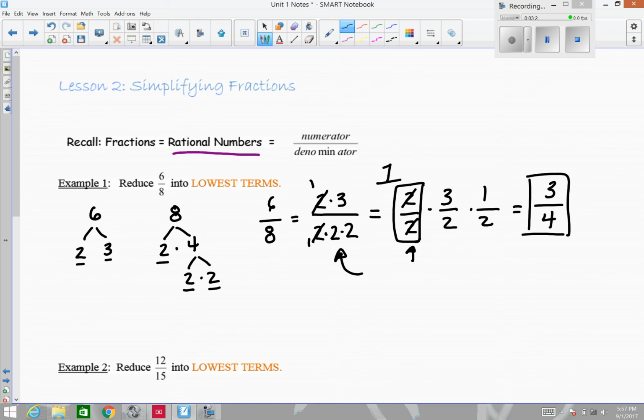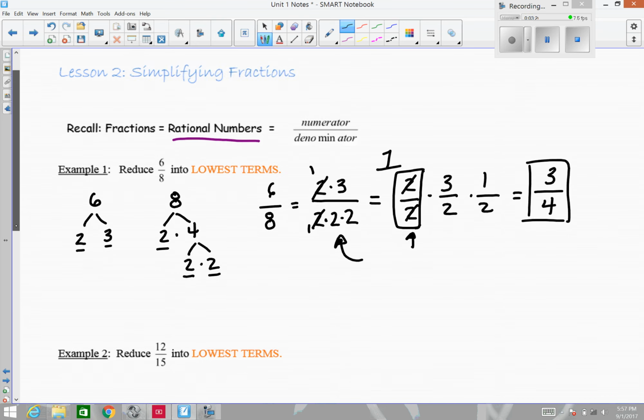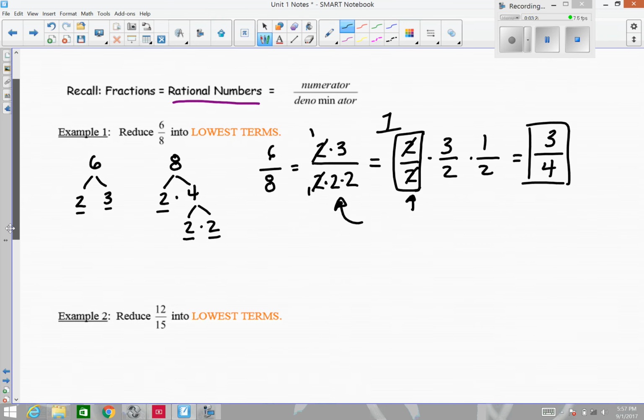Now, I don't expect that you're going to take a fraction like 6 over 8 and reduce it to lowest terms by using prime factorization, because what most of you would see is that there is a greatest common factor between the 6 and the 8, and come up with that being 2, and just divide the top and bottom by 2.